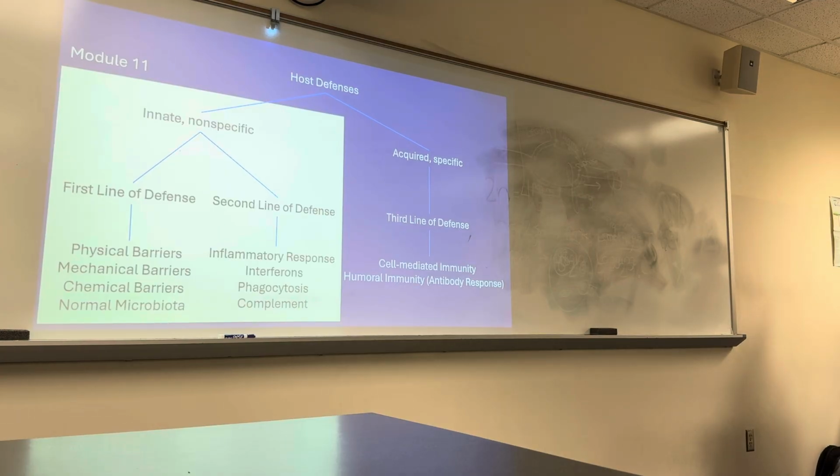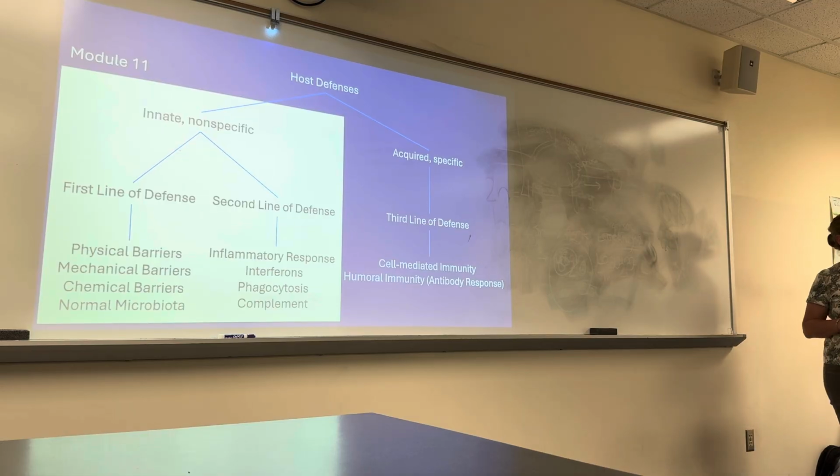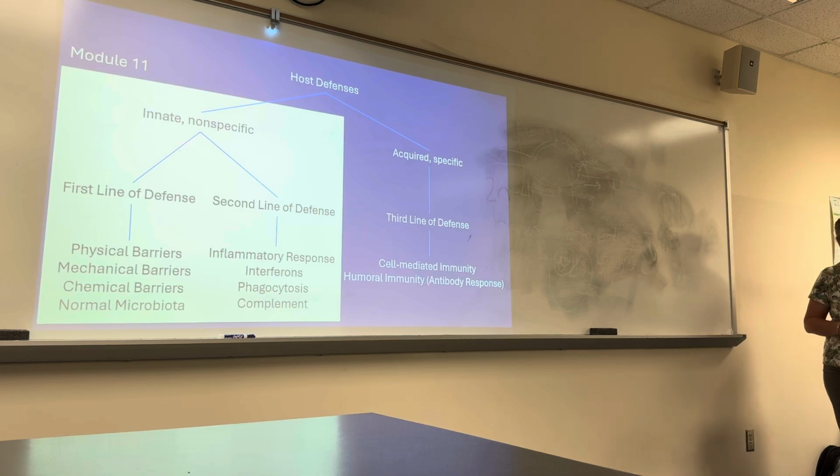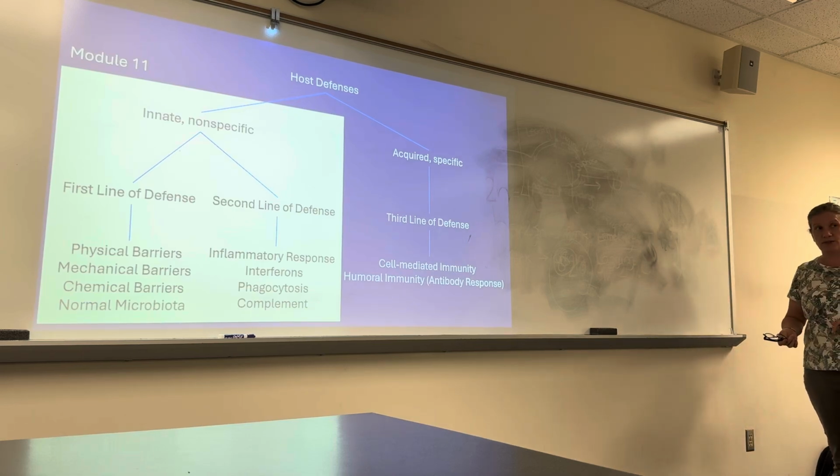Now, the third line of defense, we will go into this more again, but it can be acquired through natural processes or artificially acquired. Okay, it can go either way. For both natural and artificial, there are passive processes and there are active processes.